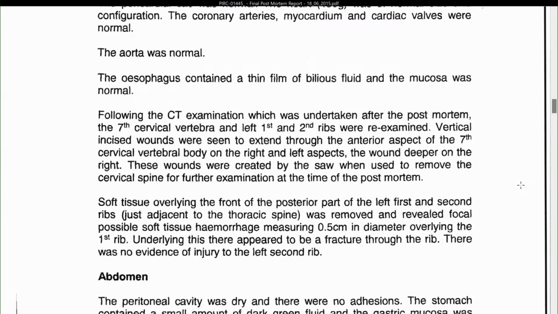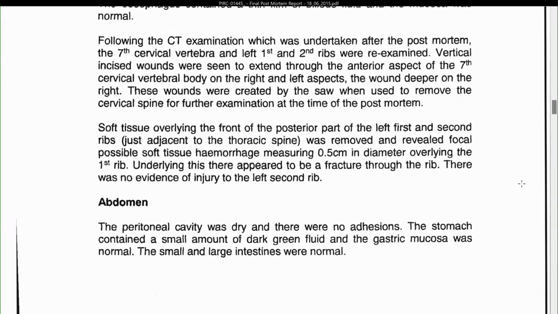Thank you. And then it goes on at the bottom of that page to say soft tissue overlying the front of the posterior part of the left first and second ribs. I wonder if you could explain this part of your report. So the first and second ribs are at the top of the chest. It's almost semicircular as they sit in the top of the rib cage.